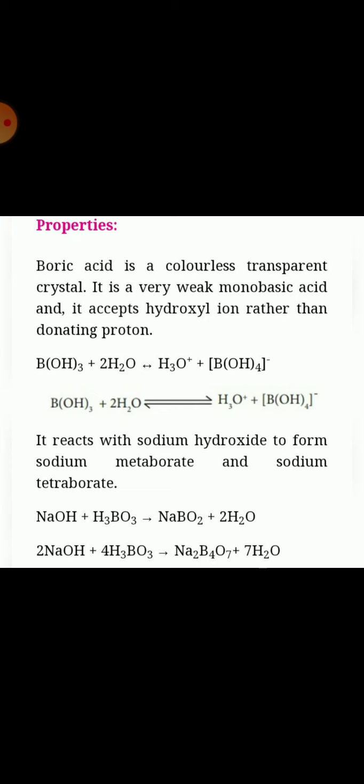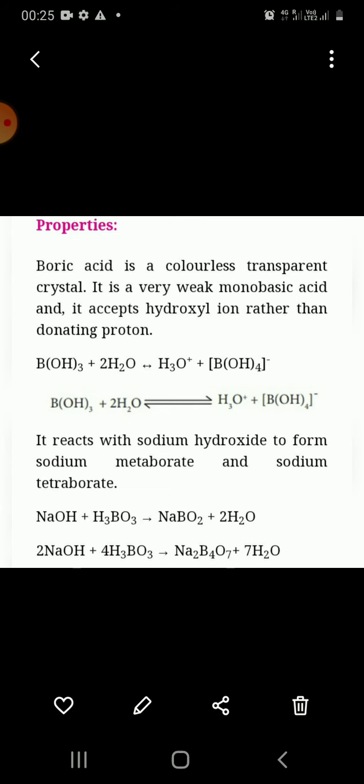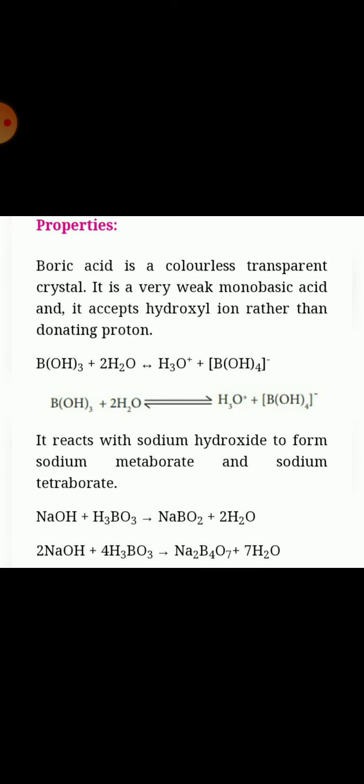First, physical properties: it is colorless, crystalline, transparent, and it is a very weak monobasic acid. Another one is that it accepts hydroxyl ion rather than donating a proton. Then boric acid reacts with water.